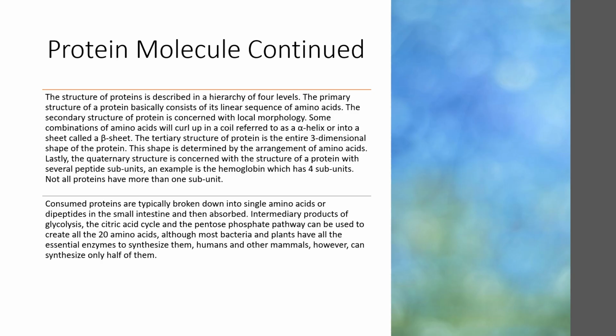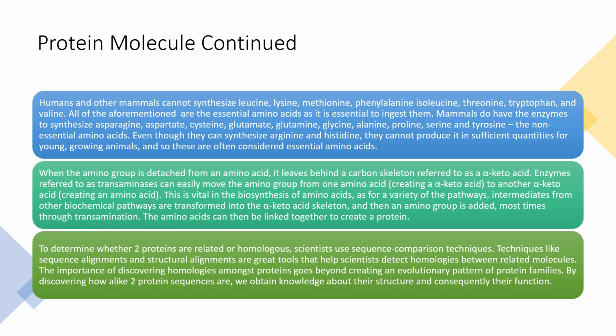Humans and other mammals, however, can synthesize only half of them. Humans and other mammals cannot synthesize leucine, lysine, methionine, phenylalanine, isoleucine, threonine, tryptophan, and valine. All of these are the essential amino acids, as it is essential to ingest them.